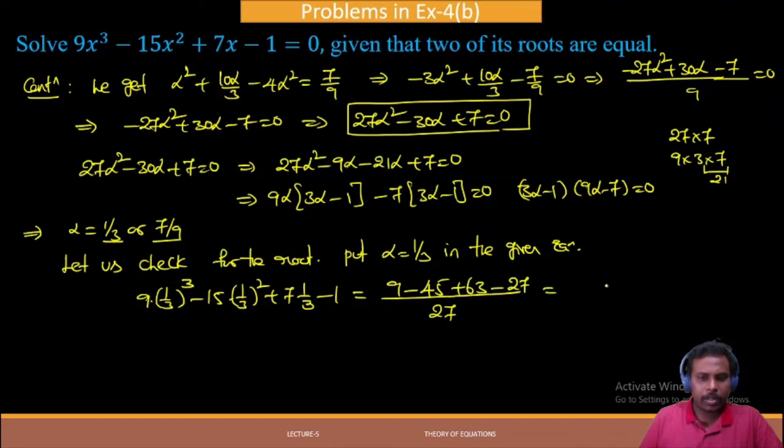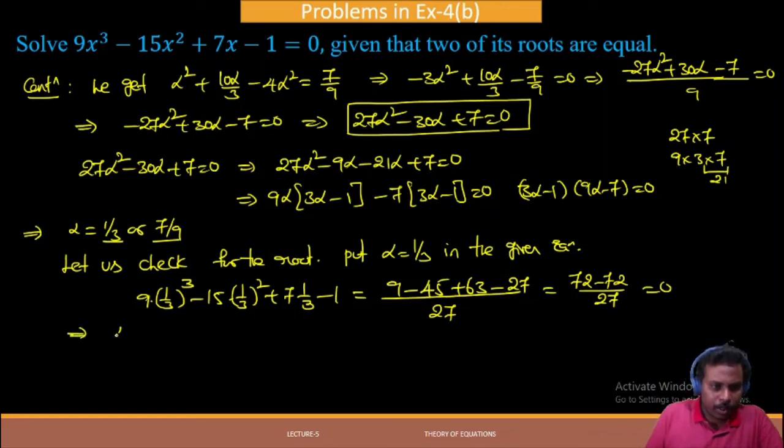So 63 plus 9 is 72, minus 72 divided by 27, that is equal to 0. So this implies alpha is equal to 1 by 3. Alpha must not be equal to 7 by 9.